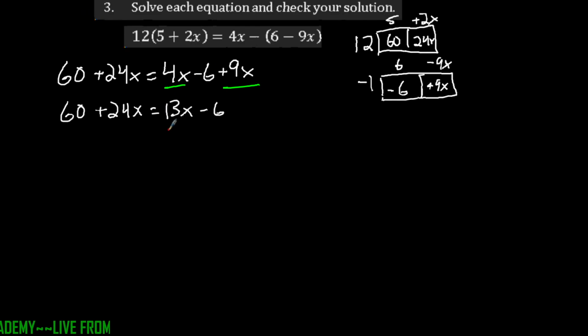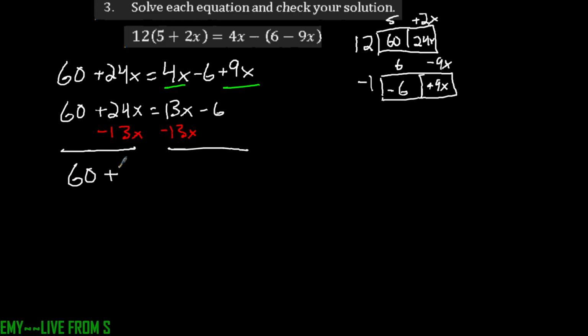To get rid of that lower coefficient, I subtract 13x from both sides. On the left side, I have 60 plus 11x equals negative 6. Again, just make sure you're trying to get rid of that lower coefficient.